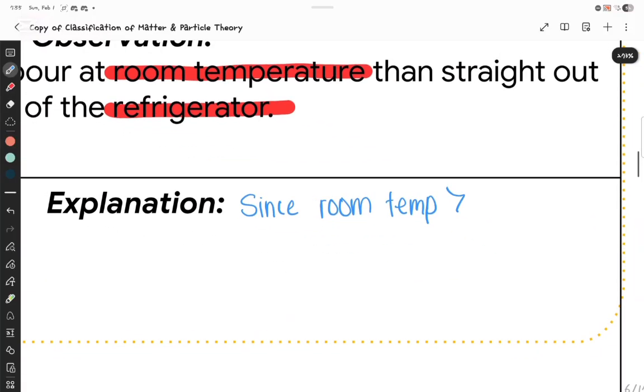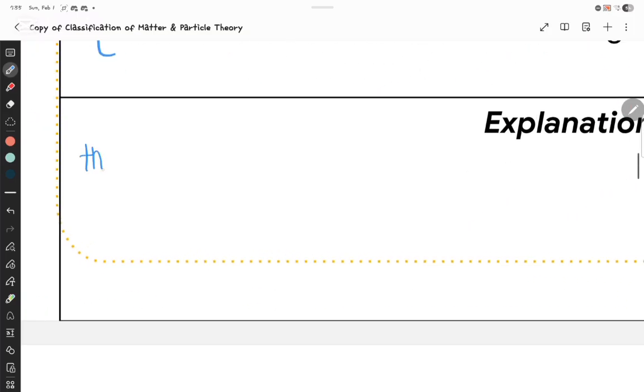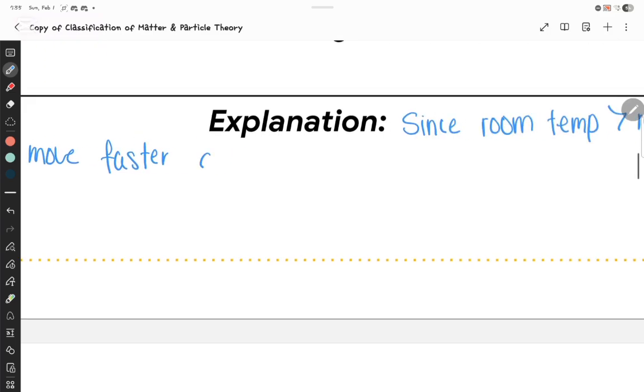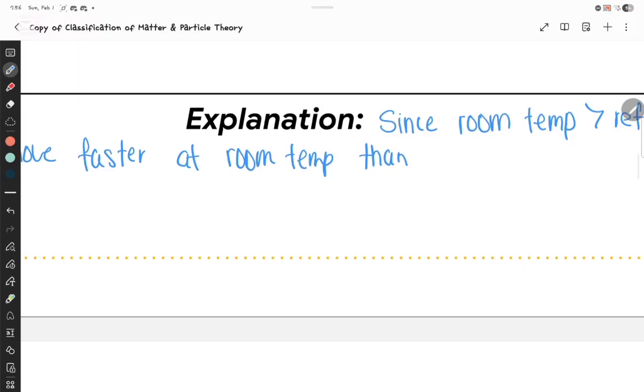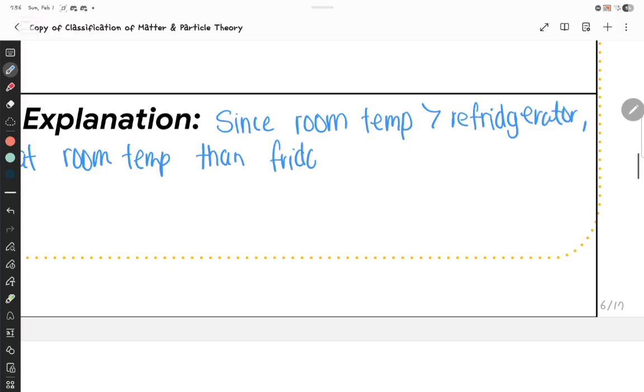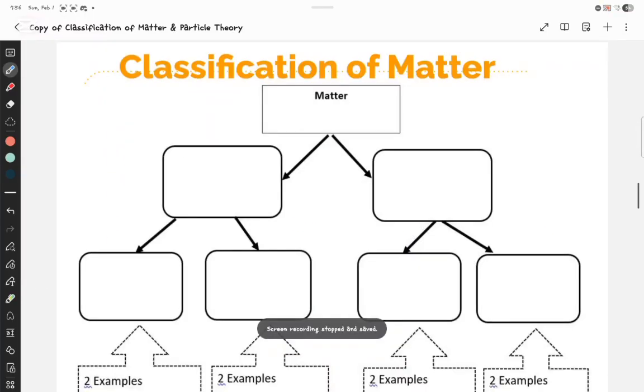For example, since the room temperature is higher than the refrigerator, then we can say that the particles will move faster at room temperature than in the fridge, which explains this whole phenomenon.